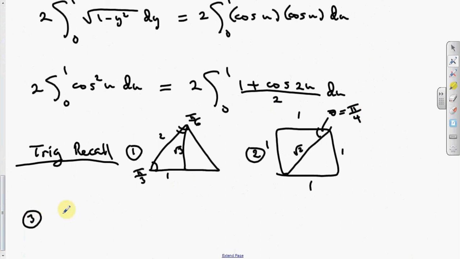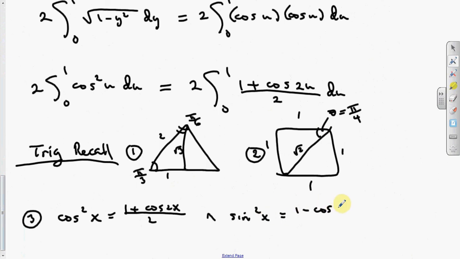The third thing that I think is important from trig, cosine square x is equal to 1 plus cosine 2x over 2, and what goes with that, sine square x is equal to 1 minus cosine 2x over 2.